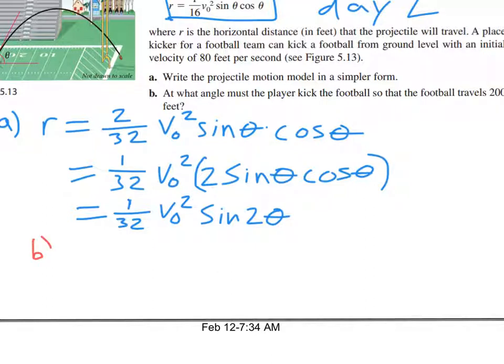we have a distance, which is 200 feet, and it said the initial velocity was 80 feet per second. So basically I've got values for r and v sub 0. And I want to solve for the angle that it would have to be kicked at. And after making that little simplification with the double angle formula, it's going to be a little bit easier to do.